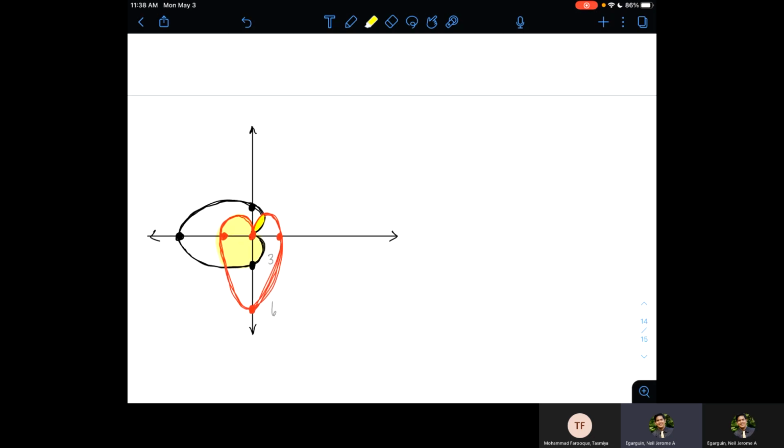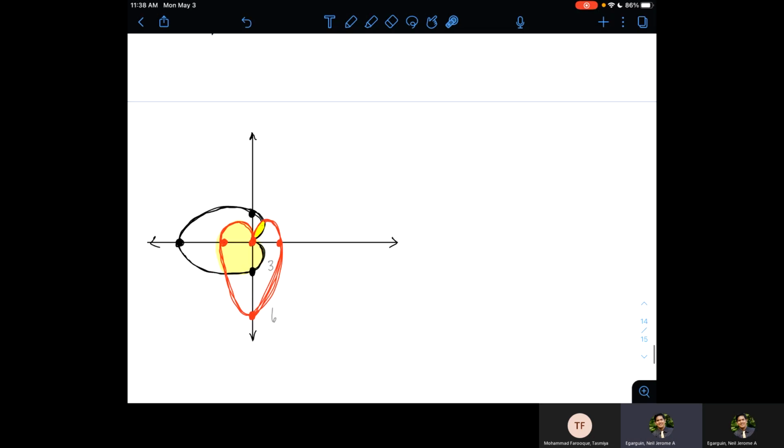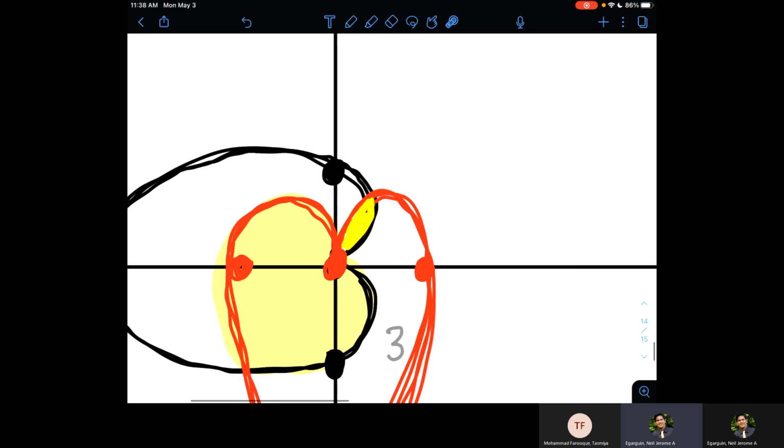Now, how do we set up the area? Well, there are 2 parts to this. I can consider this to be the first part, and this guy to be the second part, okay? Now let's zoom in into the little part first. So let's consider this region first and set up the integral for that, because obviously this will require a different integral, okay? Now let's look at this.